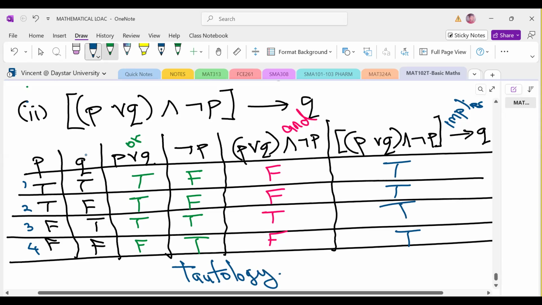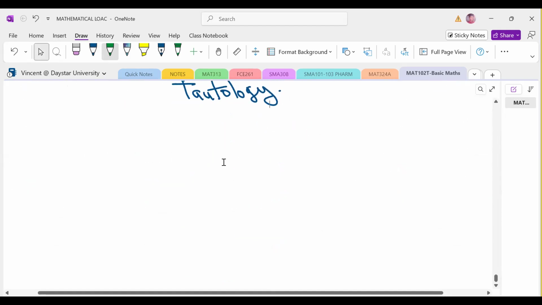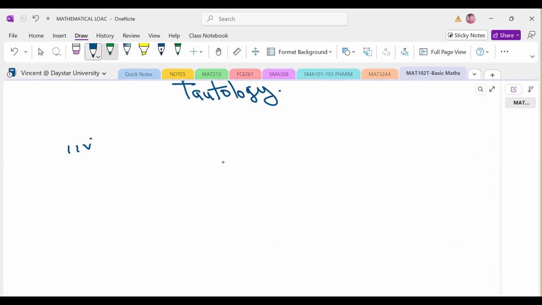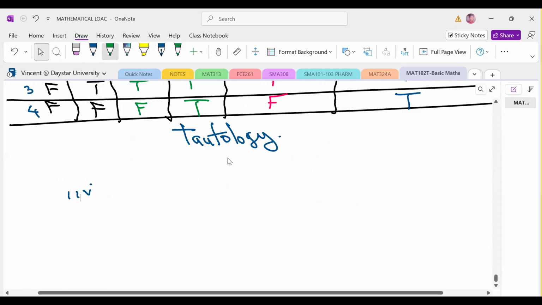So by the time we finish these questions from up to number 7 and the last of number 7 and number 8, all these 5 logical operators should be part and parcel of it. So that is number 3, and that's how we interpret that. Then number 4. Oh, this is 2. So we'll go to number 3.